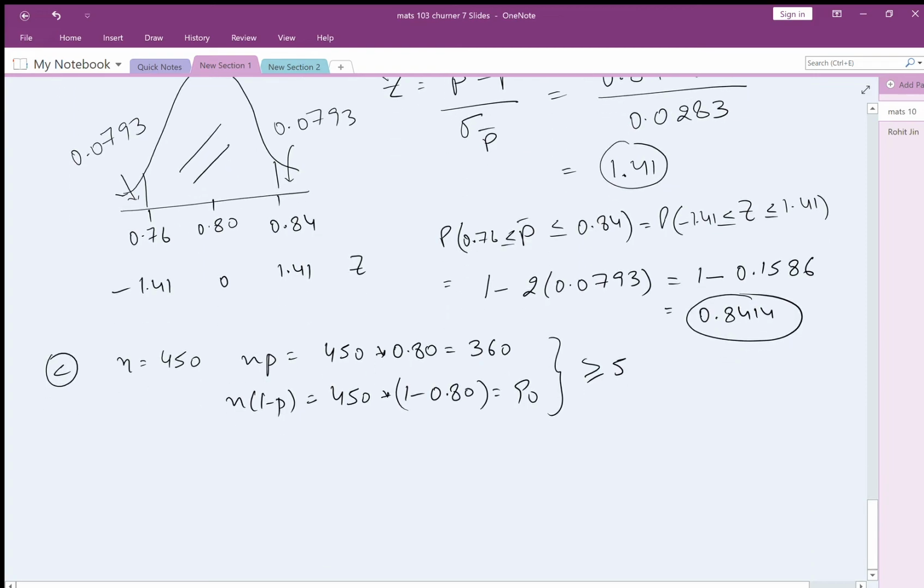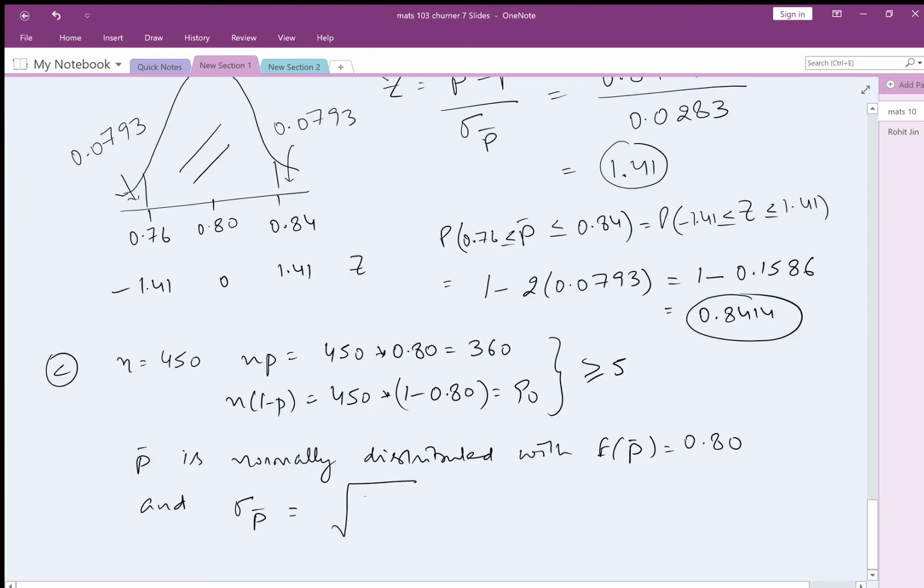So we can say p bar is normally distributed just like part A with expected value equal to 0.80, and sigma p bar, the standard error, is equal to the square root of p times 1 minus p divided by n.